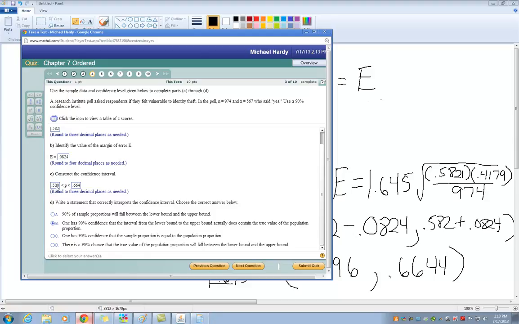These two numbers, this upper bound and lower bound, once we've taken a sample, are set fixed numbers. Either this statement in line C is a true statement or it's a false statement. We don't know which it is, but it's either true or it's false.